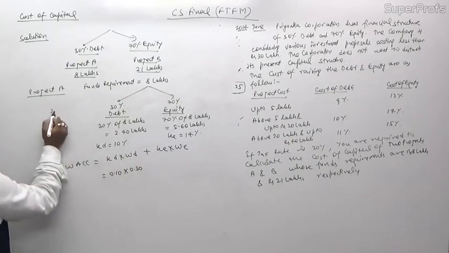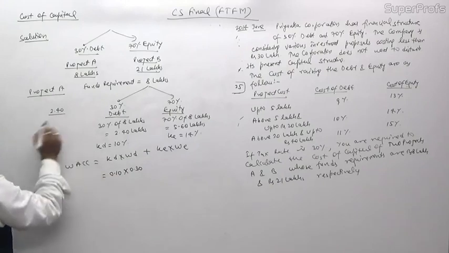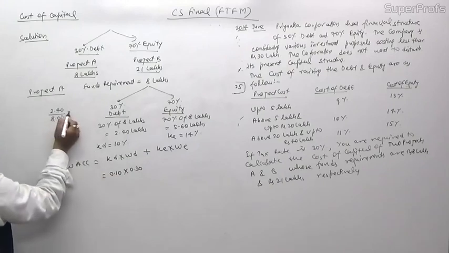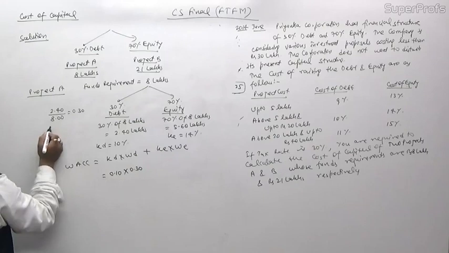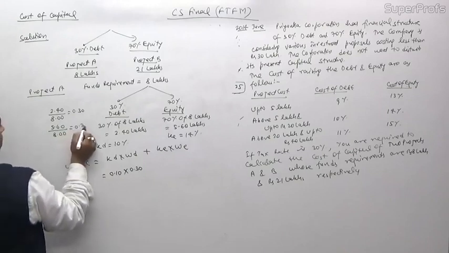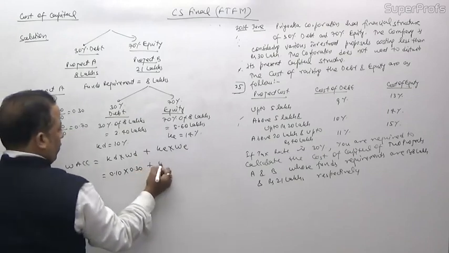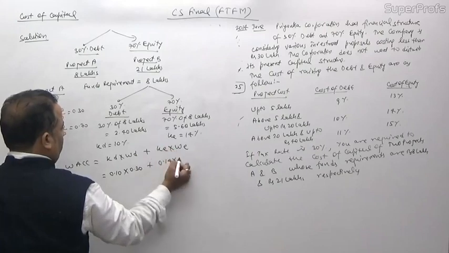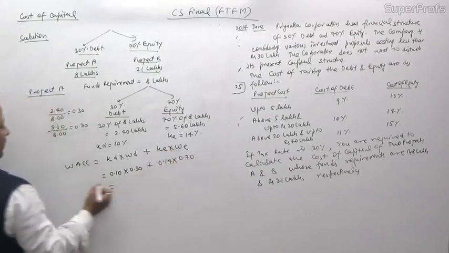The same 2.40 lakh out of 8 lakh gives 30%, and 5.60 lakh out of 8 lakh gives the weight of equity, 0.70. The cost of equity is 14%.